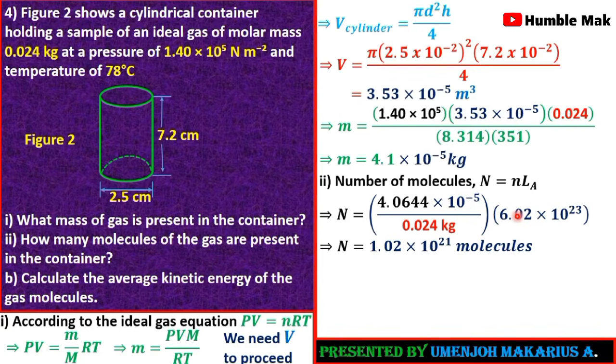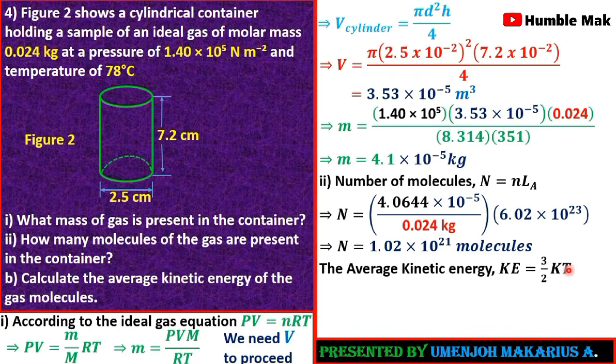But we should not forget that according to the kinetic theory of gases, the average translational kinetic energy is related to the absolute temperature and the Boltzmann's constant by the formula KE equals 3 over 2 kT, where k is the Boltzmann's constant.